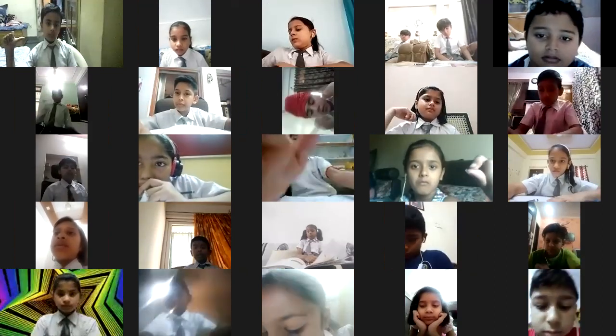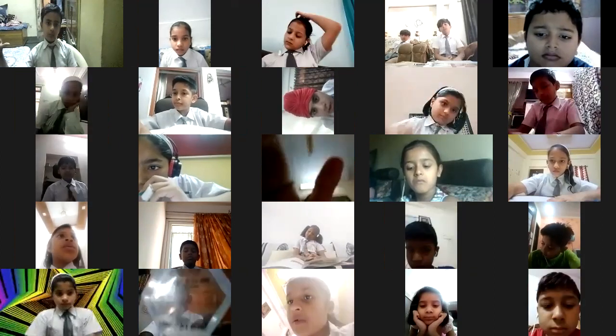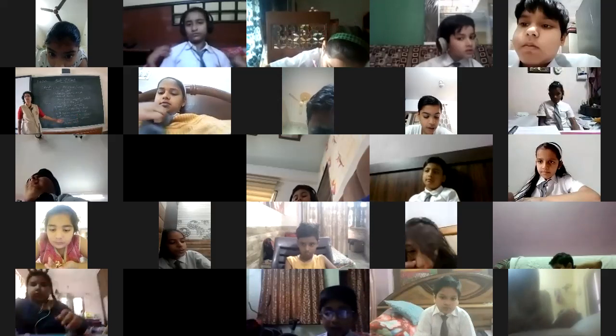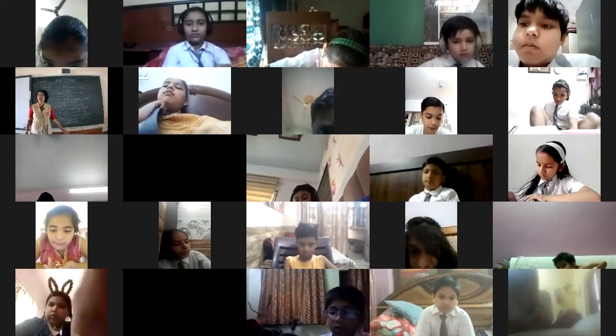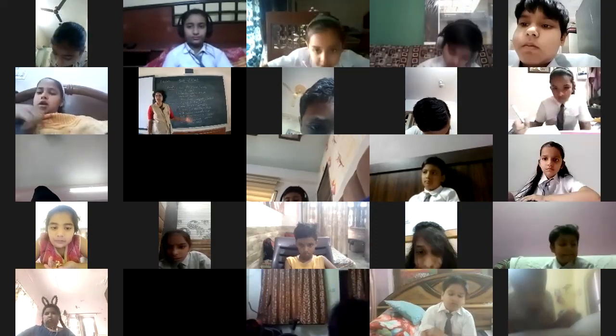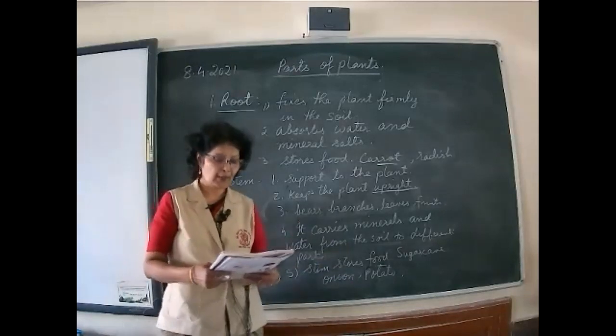You know what ginger is? Adrak. So these four, sugarcane, onion, potato, ginger, are examples of underground stems. Here the food is stored in them and we eat them. Is that clear?